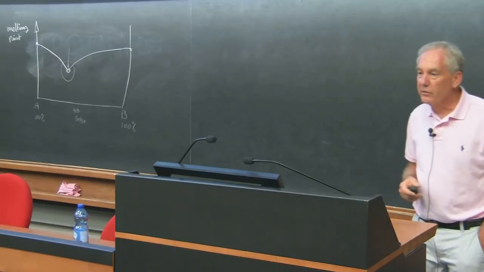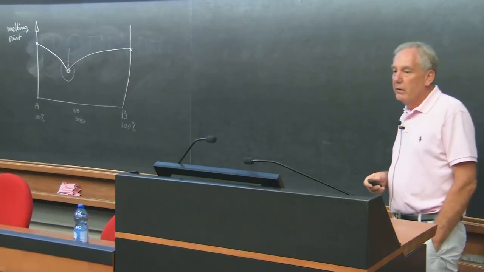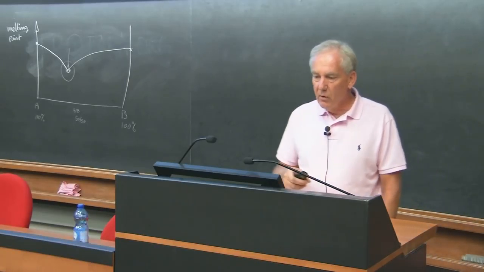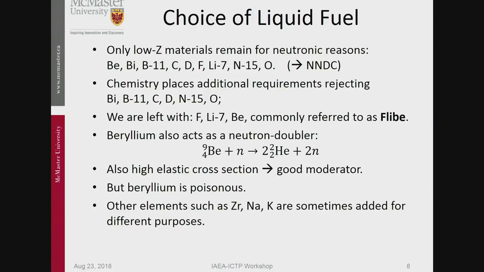So then you get to the choice of the liquid fuel. Well, for neutronic reasons, you can only have the low Z materials, like beryllium, bismuth, boron 11. Why can't you have boron 10? Why do I put boron 11?